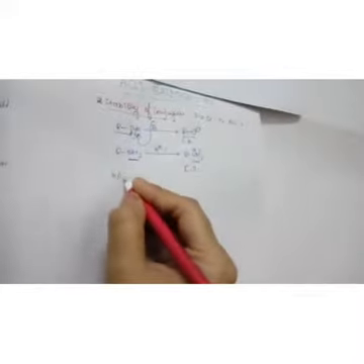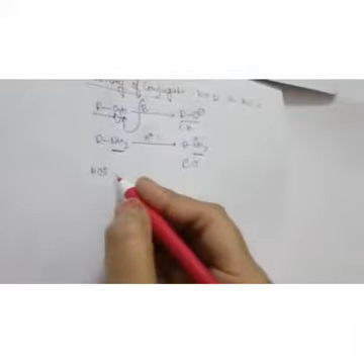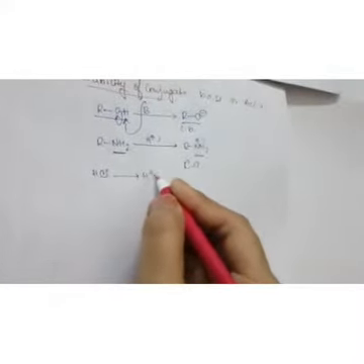Suppose four acids, starting with hydrochloric acid, HCl. When HCl is a gas, it has no acidity. But when it is in water, in aqueous medium, it will form H plus and Cl minus, then it will show its acidity.